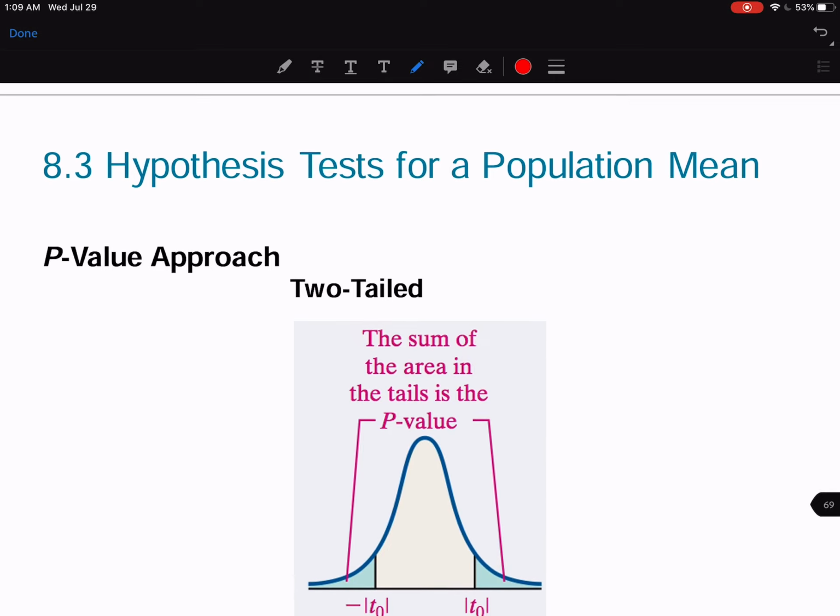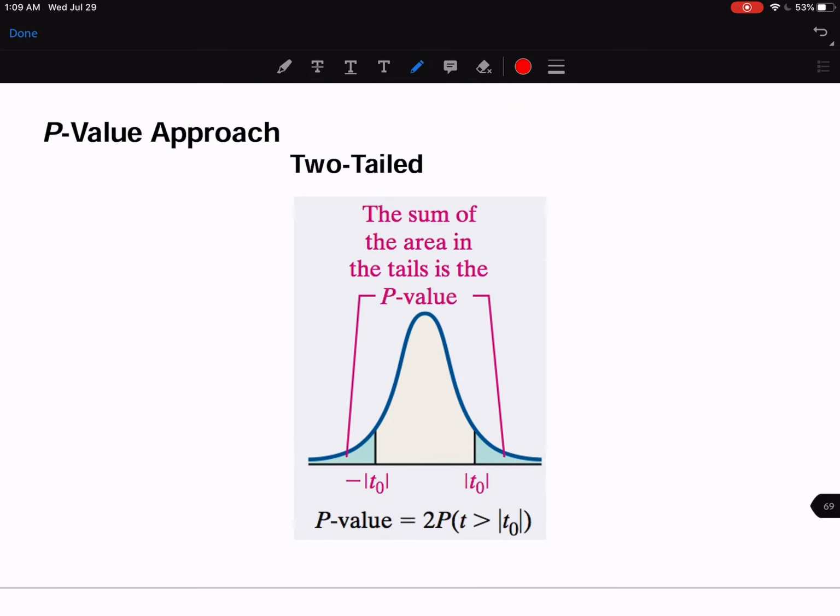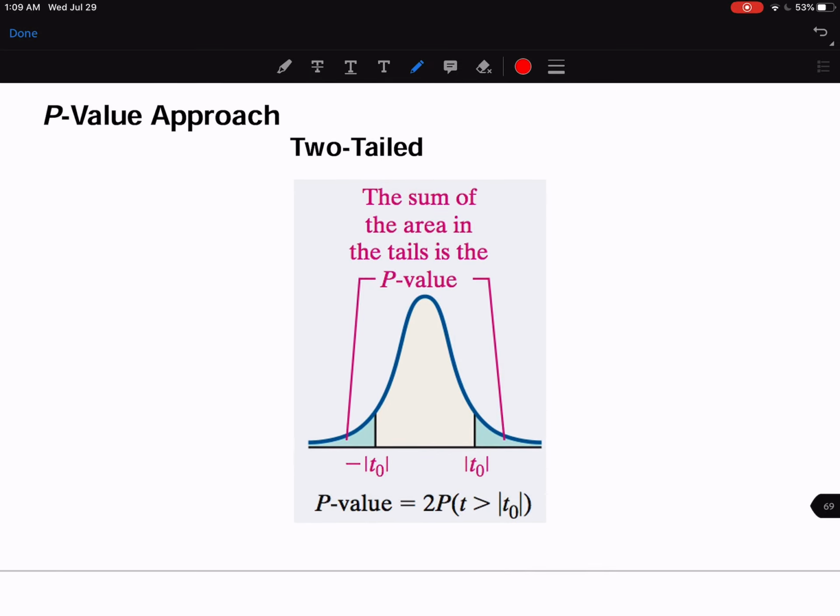Now, first of all, let's take a look at how to find the p-value with the test statistic t sub 0. Once again, if it's a two-tailed test, this is actually very similar to the hypothesis test for population proportion. The only difference is that we use t instead of z here, because the standardization follows a t-distribution instead of a standard normal distribution.